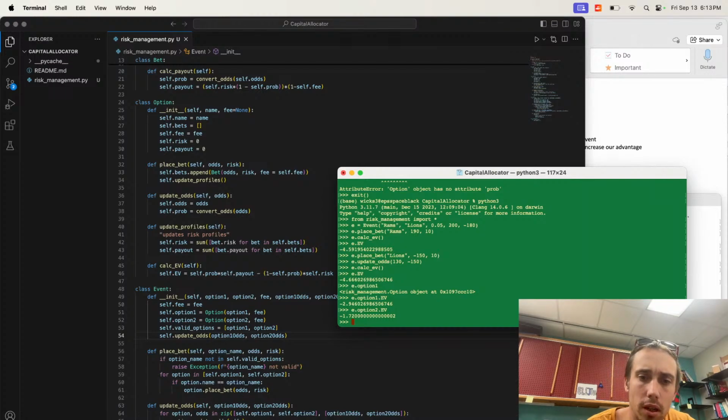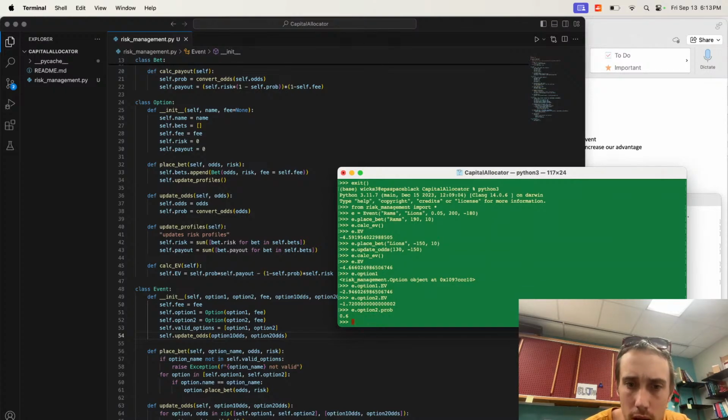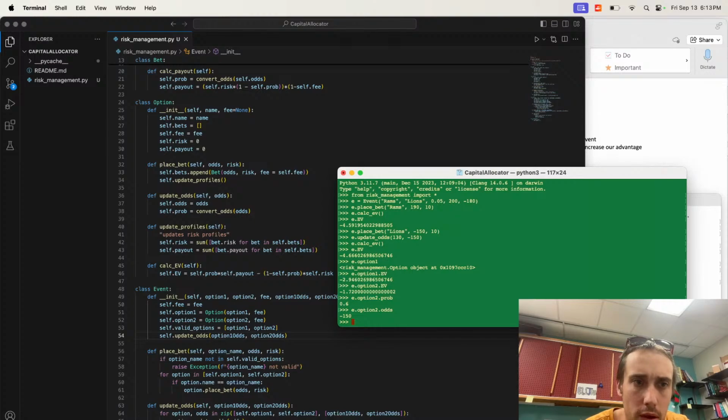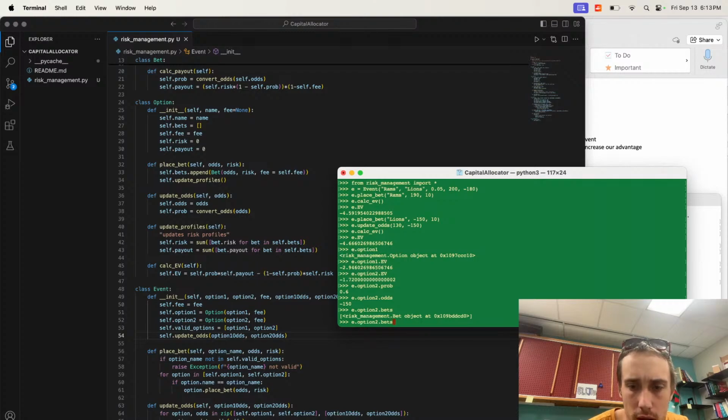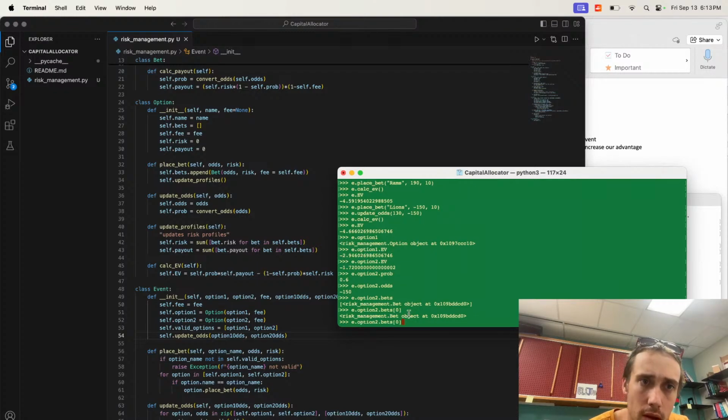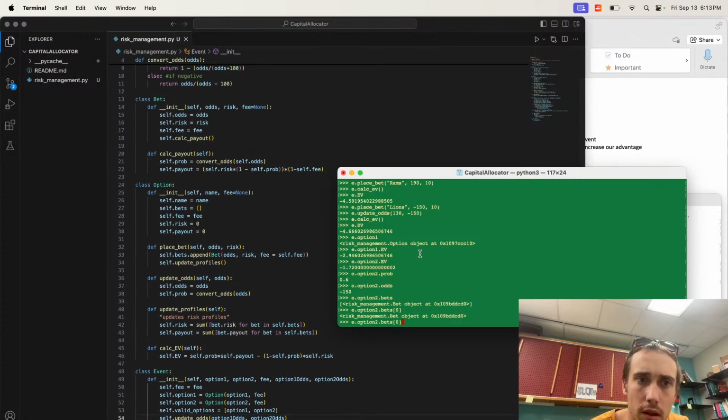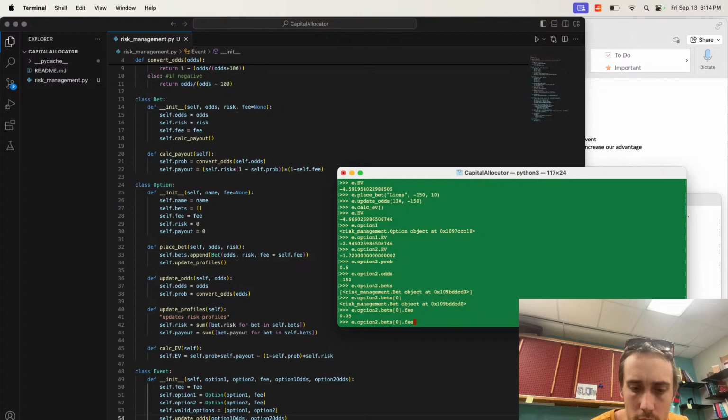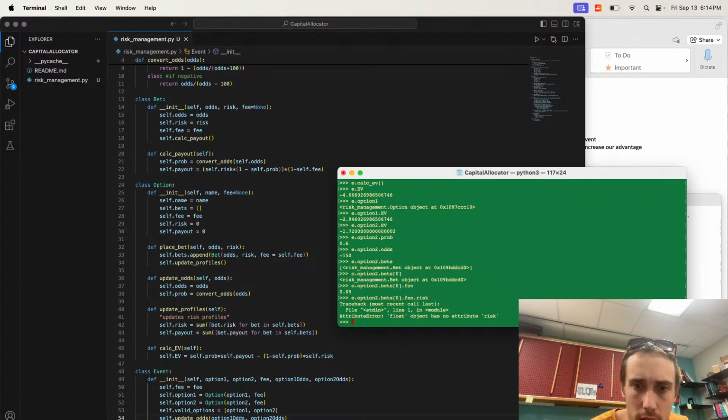Okay, so how do we get option 2 dot odds, E dot option 2 dot bets of 0 dot risk.